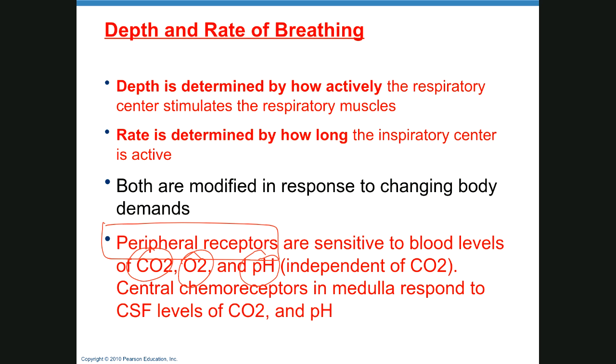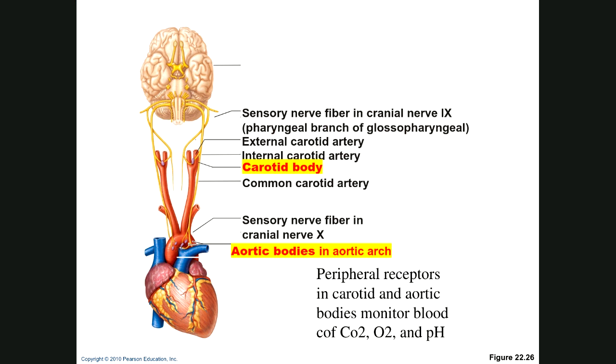However, the central chemoreceptors, the ones in the brain, especially the medulla, and levels of CSF, respond only to CO2 and pH. So peripheral receptors are the ones in the aortic bodies and carotid bodies, and they're going to monitor CO2, oxygen, and pH, with the caveat that CO2 is the main one, pH you would say maybe second, and last, as far as importance, is oxygen.